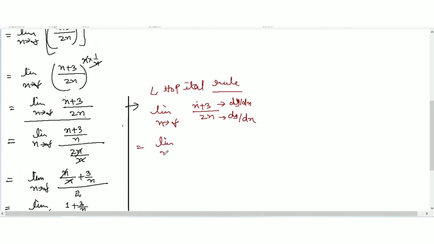So limit n tends to infinity and differentiate. You will get 1 plus, the differentiation of a constant will be 0, and in the denominator you will get 2. So what do you get? 1 over 2, which is less than 1. So the series is converging.